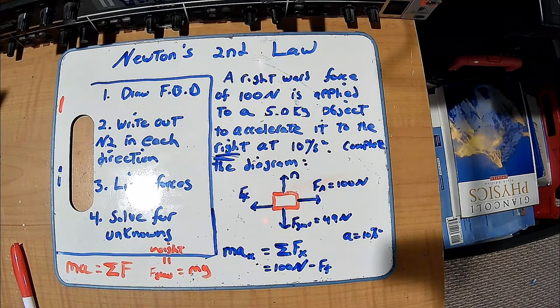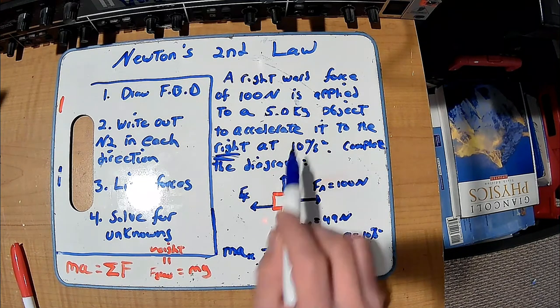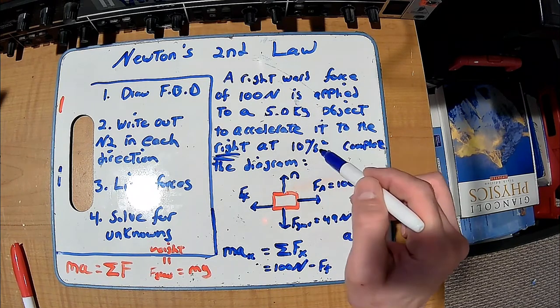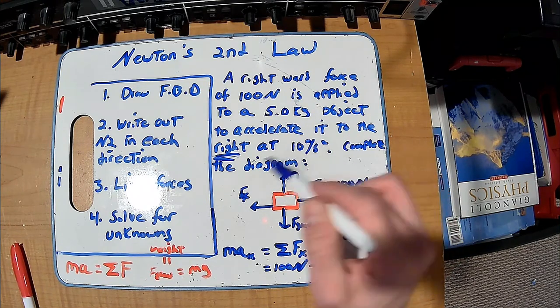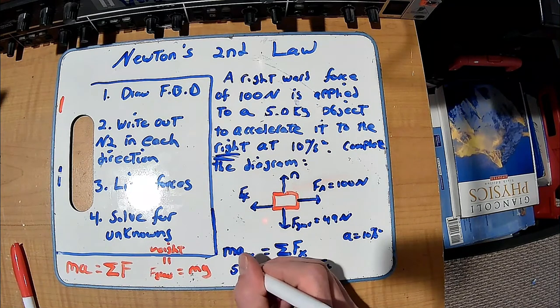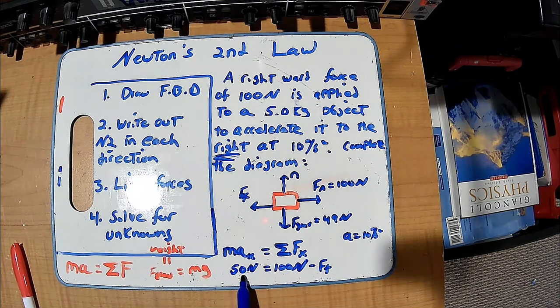Okay. On the left-hand side, I have the mass times the acceleration in the X direction. Well, the mass is 5 kilograms. The acceleration is 10 meters per second squared in the X direction because it's to the right. So 5 kilograms times 10 meters per second squared, 50 newtons. That is the net force, 50 newtons, because that's the mass times the acceleration.